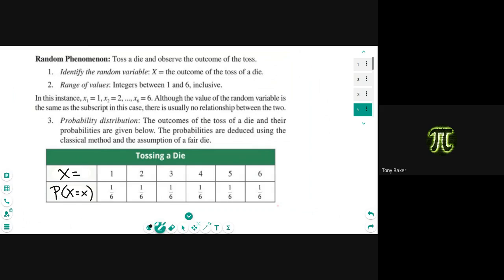Each one, when you roll it, has an equal chance of coming up. They would all have a 1/6 chance of coming up. So that's how you would describe a discrete random variable.